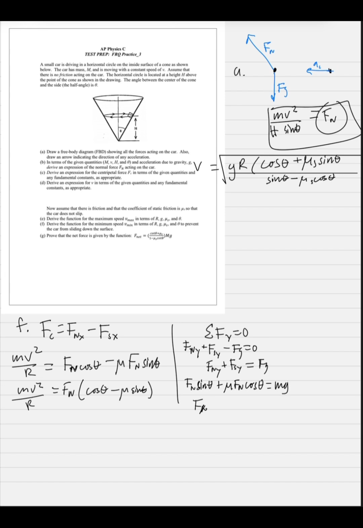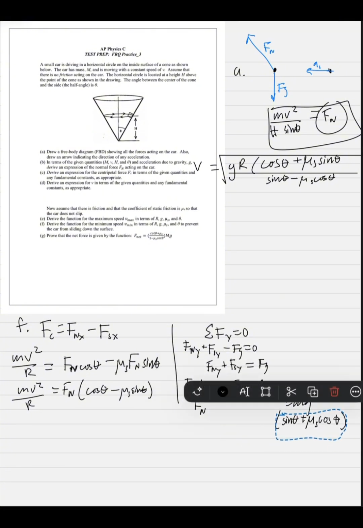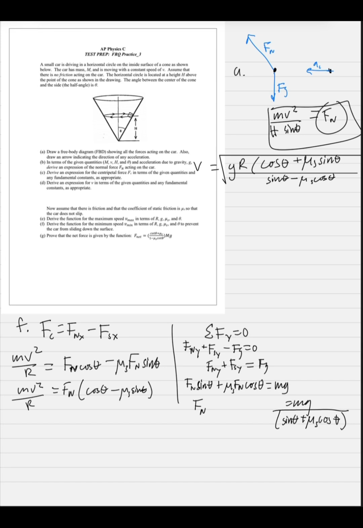We'll factor out the Fn, and multiply or divide both sides by sine theta plus mu cosine theta.